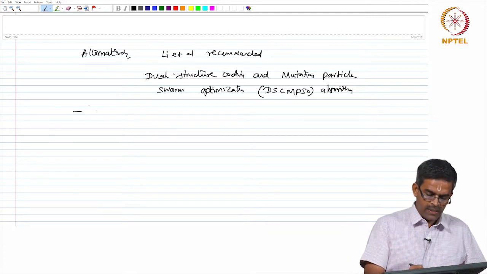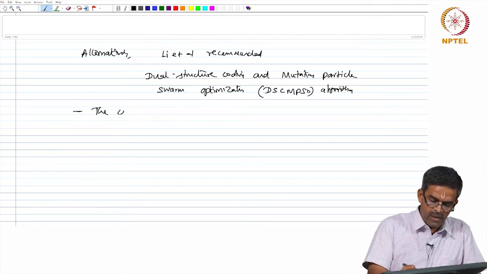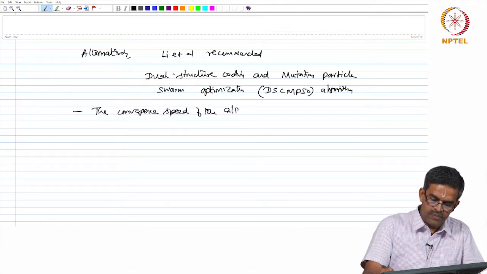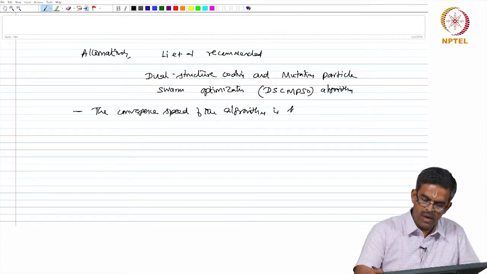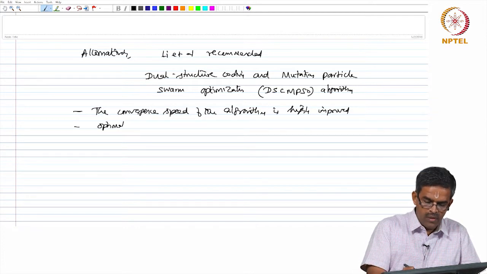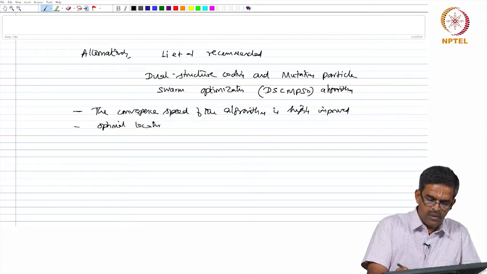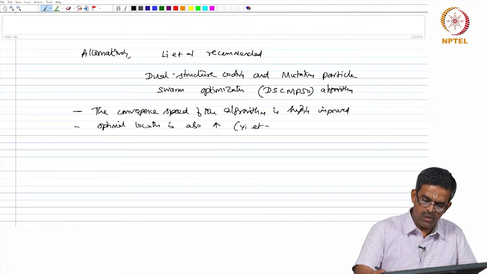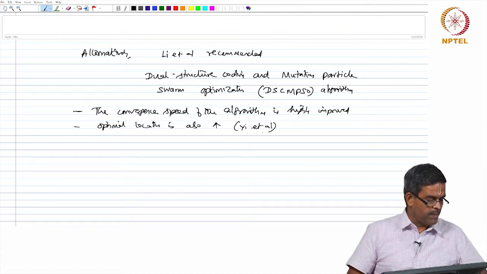Now, in this case the convergence speed of the algorithm is highly improved, and the optimal location is also highly improved, as stated by Y et al. in the paper.